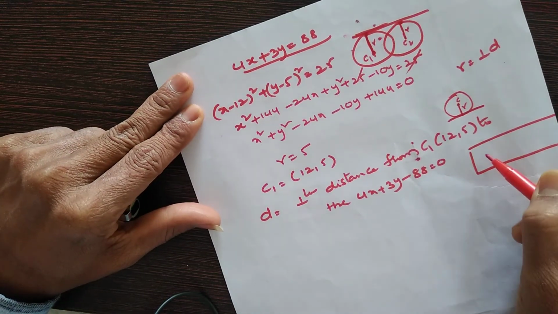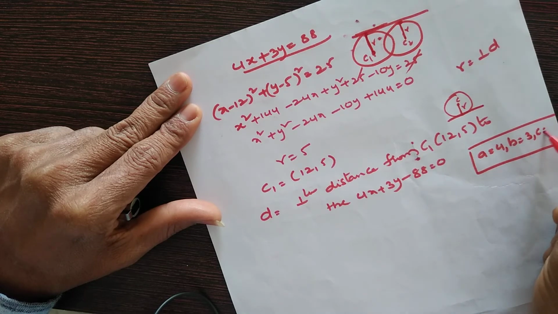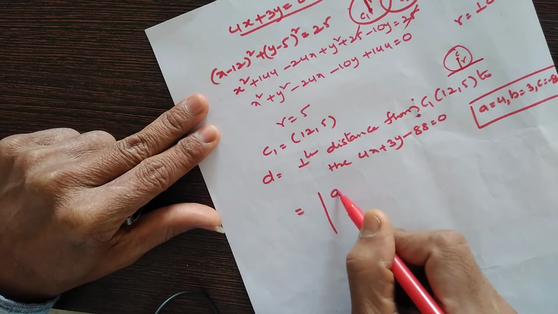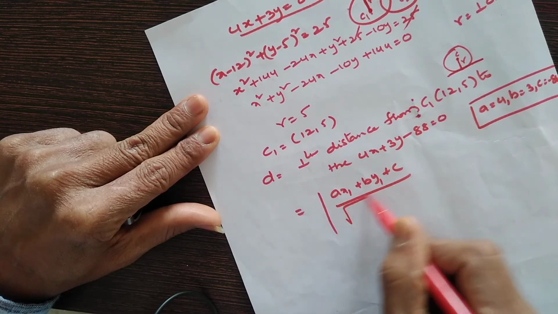In the form ax plus by plus c, a is 4, b is 3, c is minus 88. The perpendicular distance formula is |ax1 plus by1 plus c| by the root of a square plus b square.